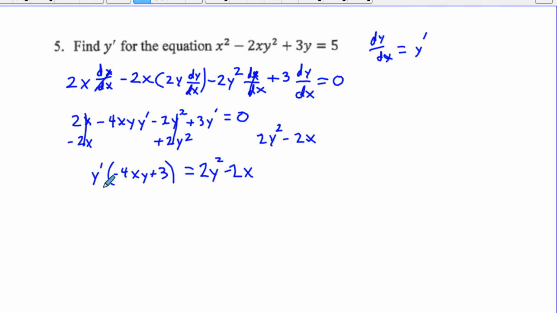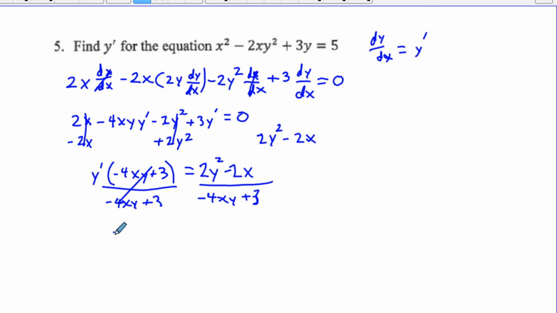And now dividing everything by negative 4xy plus 3, negative 4xy plus 3. Okay, my pen is about glitched out, but we're just about done here.